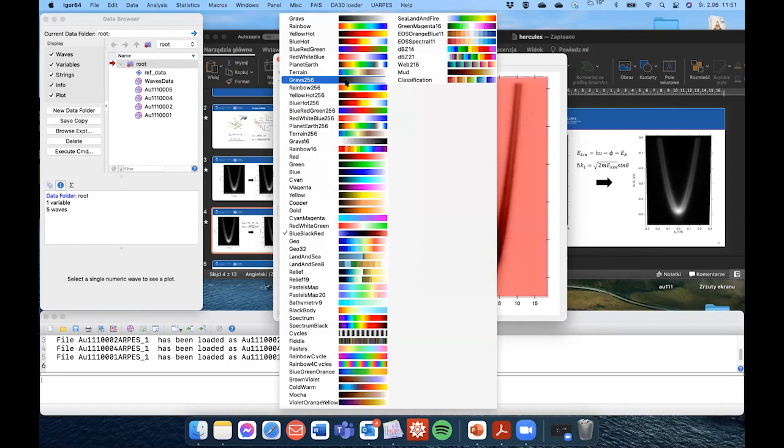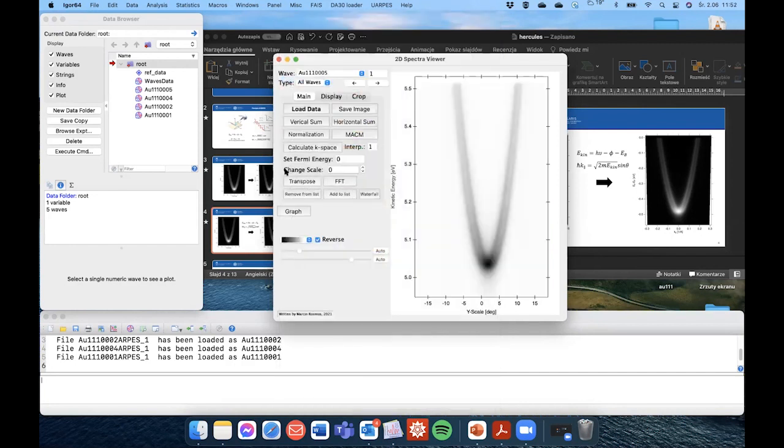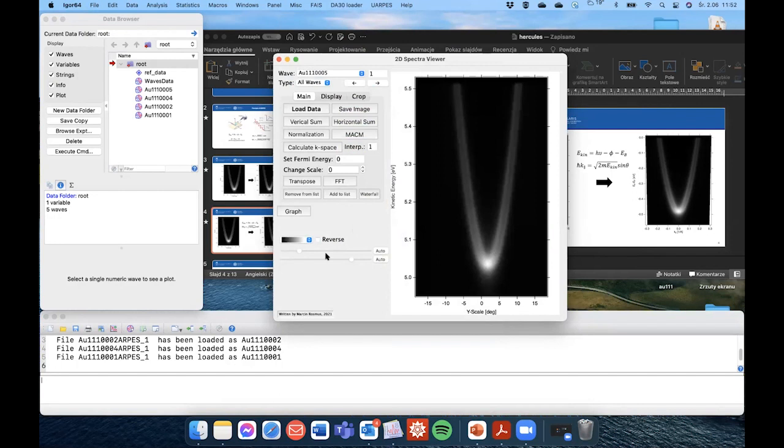Usually it is one of these white and black scales, because the human brain is quite efficient in seeing differences in this grayscale. So after choosing the proper color palette, we can start to transform our data.